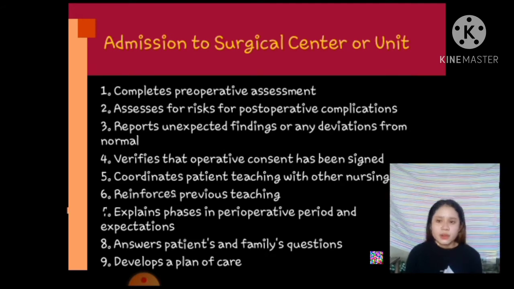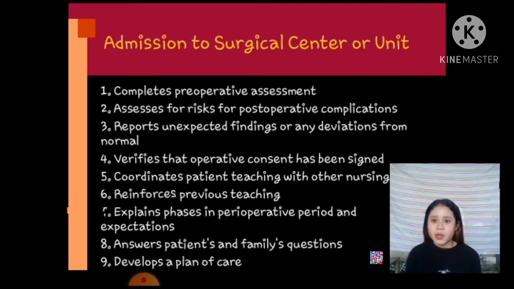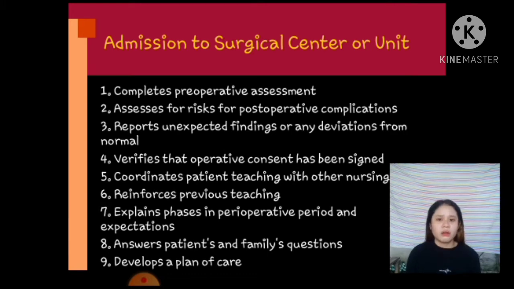Number 2, assesses for risk of post-operative complications. You should know if the patient is at risk to avoid complications. And then reports unexpected findings or any deviations from normal. When findings are not normal or unexpected, you should report them to avoid complications before undergoing surgery.